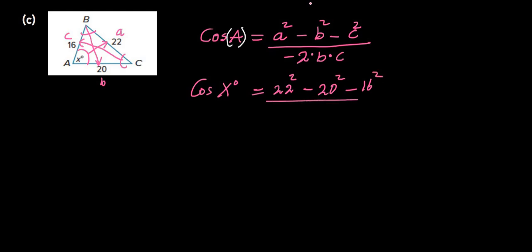squared over negative 2 times 20 times 16. All right, so now let's first of all deal with the numerator and get that value, and after that we work on the denominator.